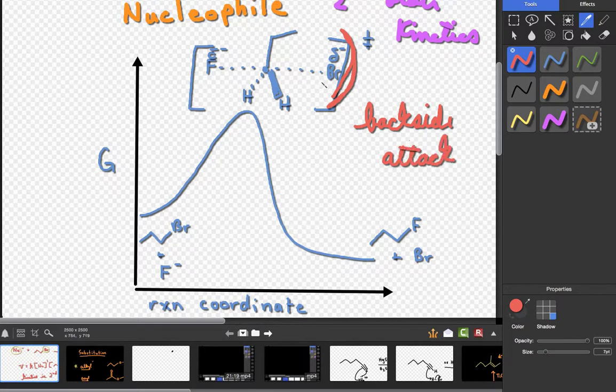When we have backside attack, I think what is really useful is if you were to look at the geometry of this molecule before the bond broke. So let's do that real quick.